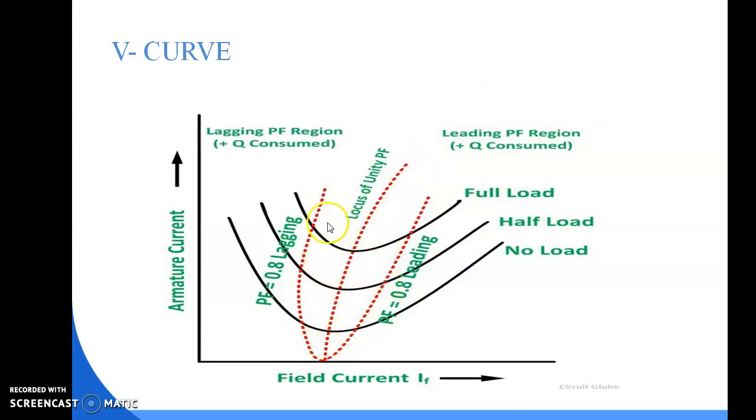Again, there are three conditions: full load, half load, and no load. For both lagging and leading power factor, the armature current will be maximum. Either leading or lagging, but the armature current will be minimum for unity power factor, we can see here.